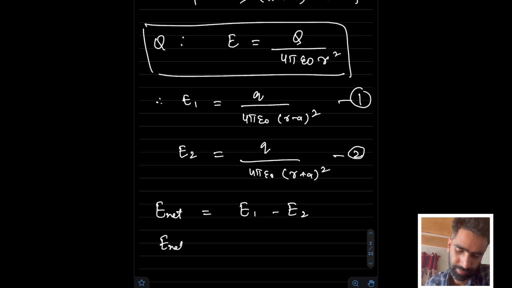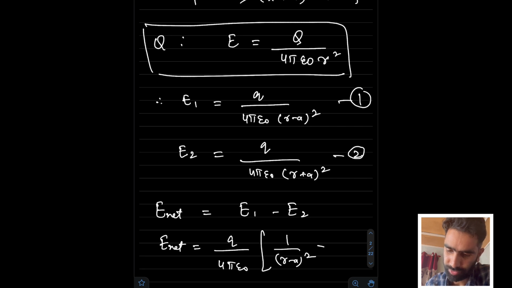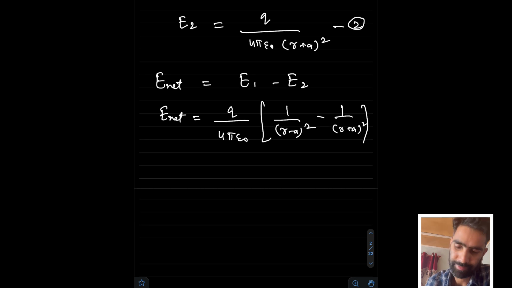So E net will be, I can take q by 4 pi epsilon naught common, and I have 1 over r minus a whole square minus 1 over r plus a whole square.